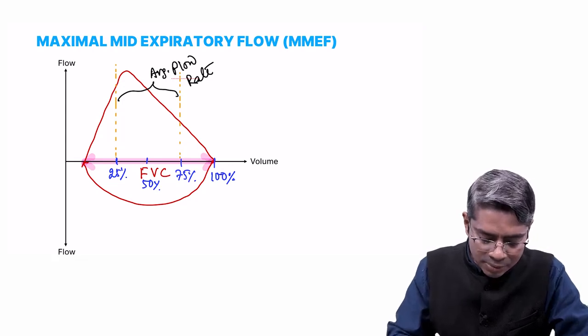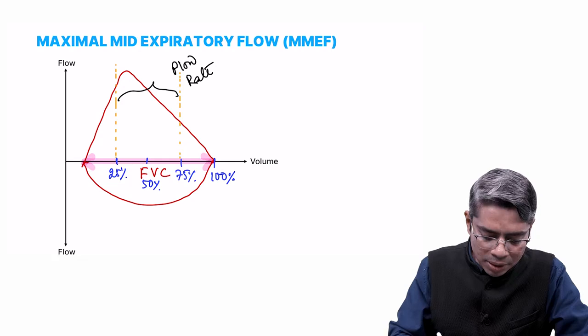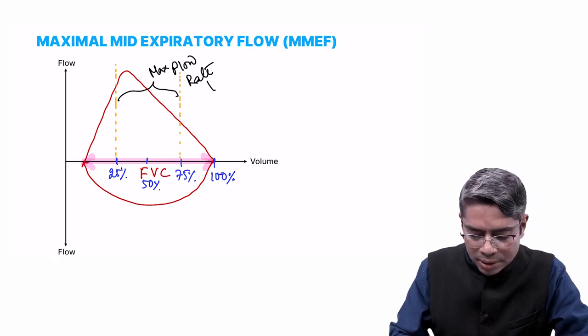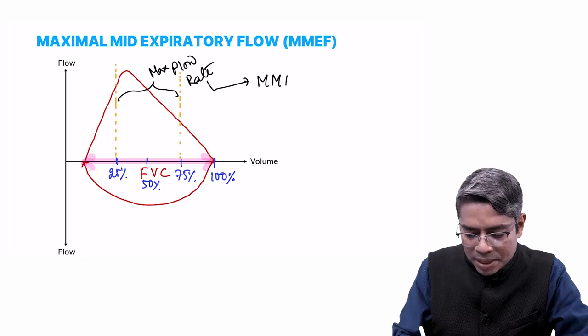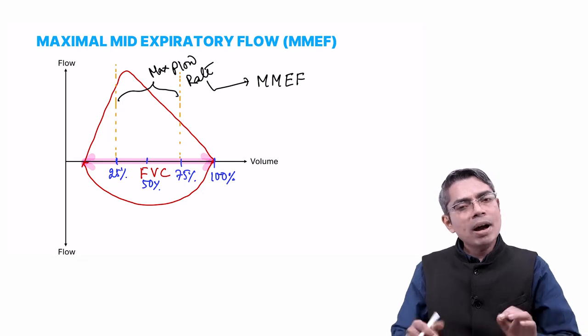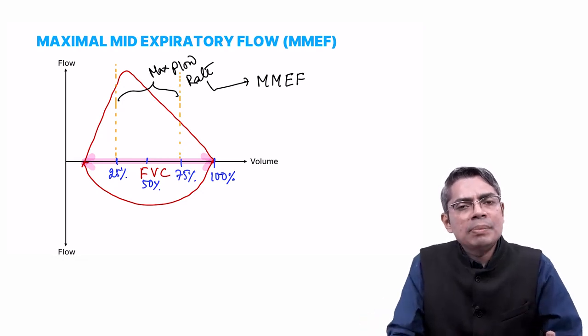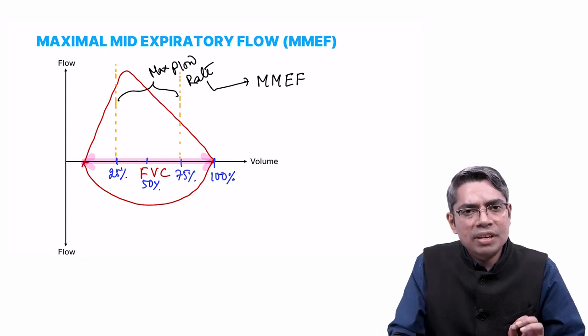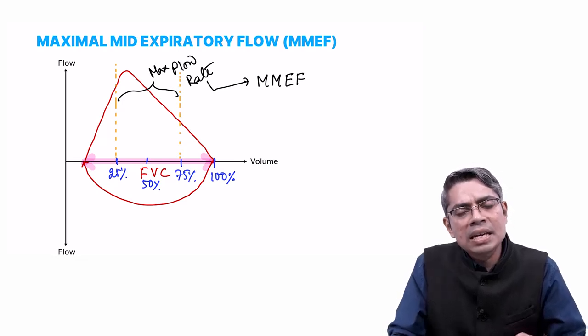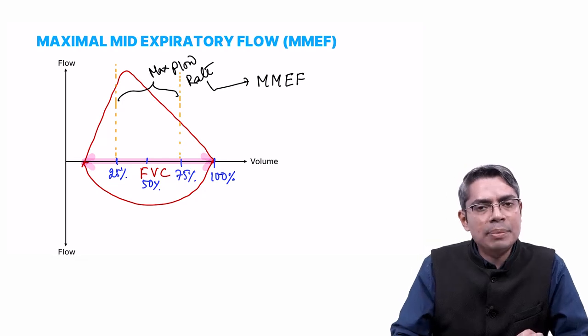If I take the maximum flow rate during this middle part, then that is known as the maximum mid expiratory flow rate. Got it? Why are you going to measure the maximum mid expiratory flow rate? Because this is a very sensitive indicator of small airways disease like emphysema.